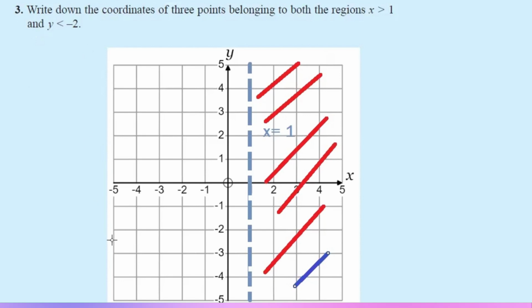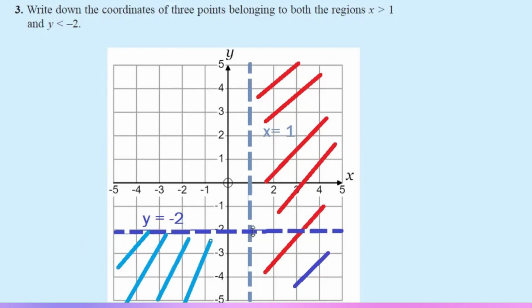Then y less than minus 2. We need to draw the straight line y equals minus 2 using a dotted line and write the equation next to it. y is less than minus 2 means the y values are minus 3, minus 4, minus 5, that means less than minus 2 values.